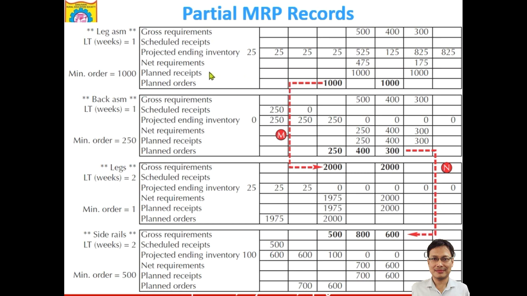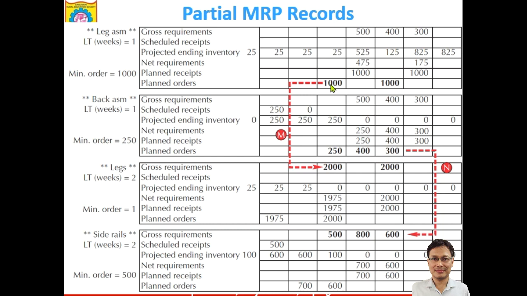So if you are ordering the leg assembly on week number 3 of 1000 units, then how many legs should be available, how many legs will be required to assemble 1000 units of leg assembly?